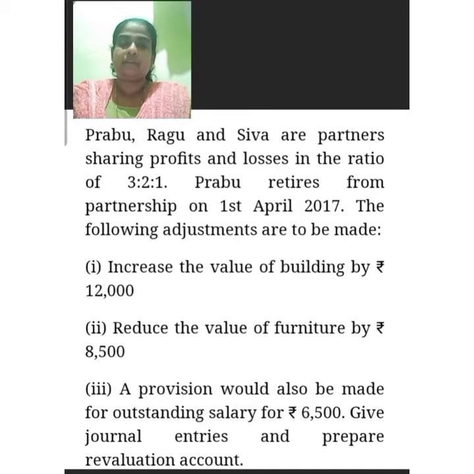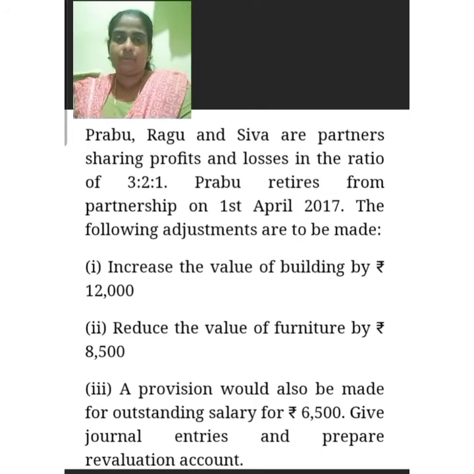Second adjustment, reduce the value of furniture by rupees 8,500. Then third adjustment is provision would also be made for outstanding salary for rupees 6,500. There are only three adjustments given in this problem. Then give the journal entries and prepare the revaluation account.